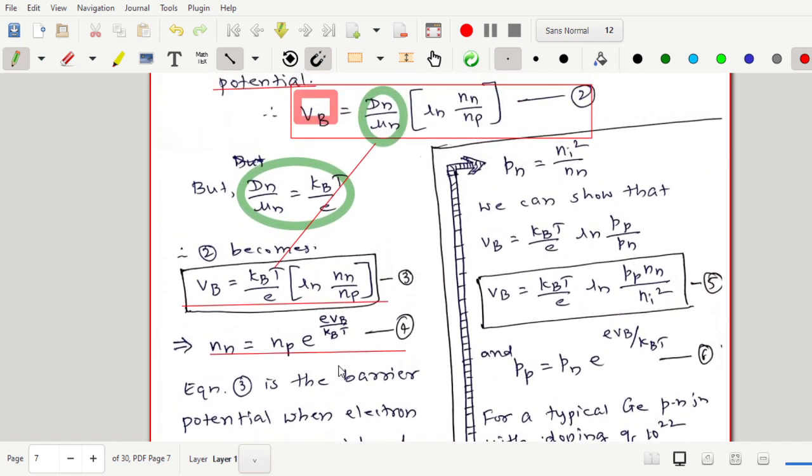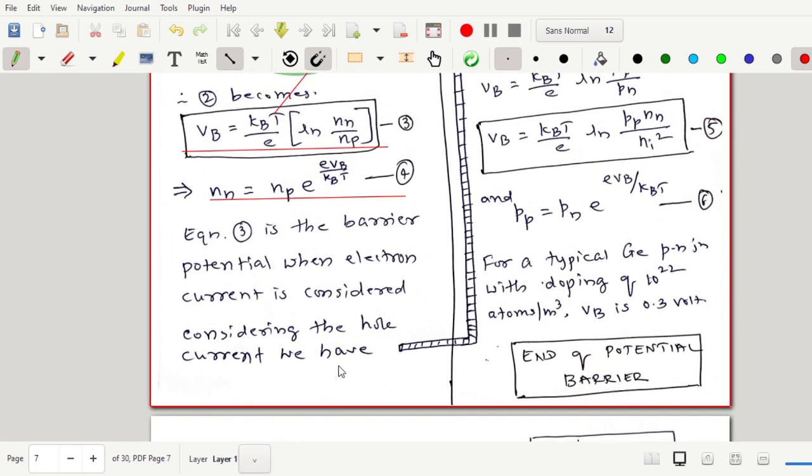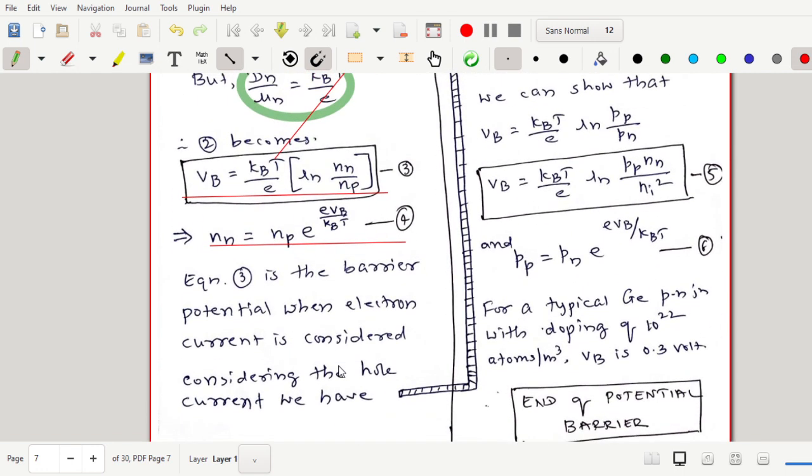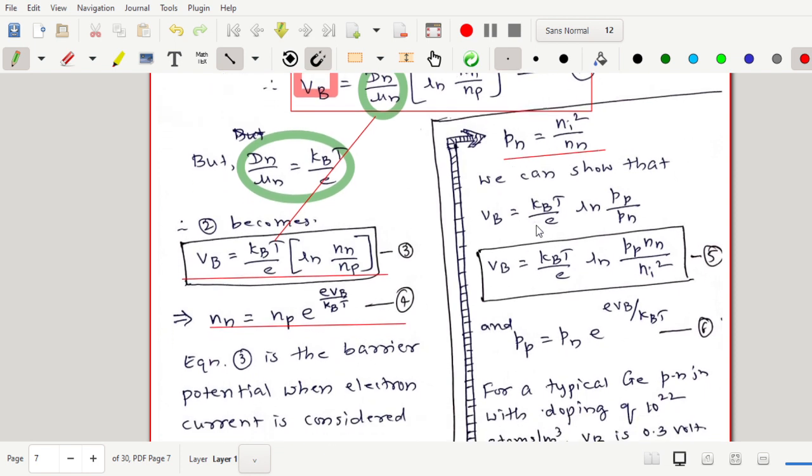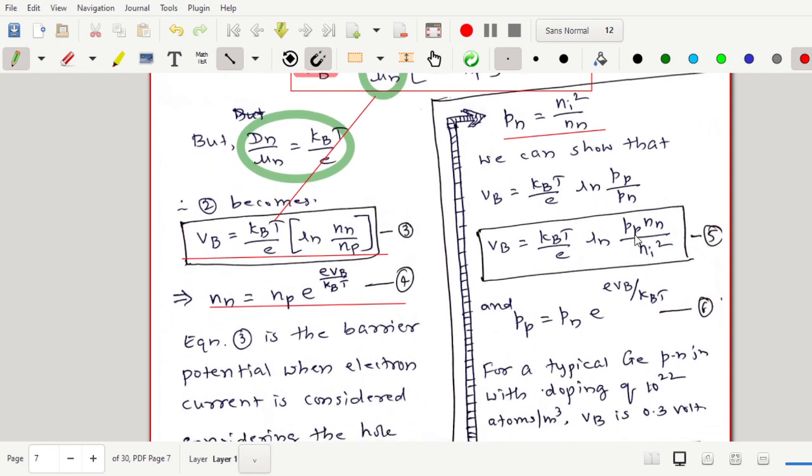Now if we consider the hole current, then we have this expression: Pn is equal to ni square divided by Nn. Then by using this, we can show that VB is equal to kBT by E ln Pp by Pn.